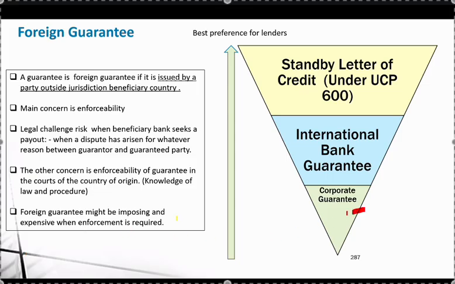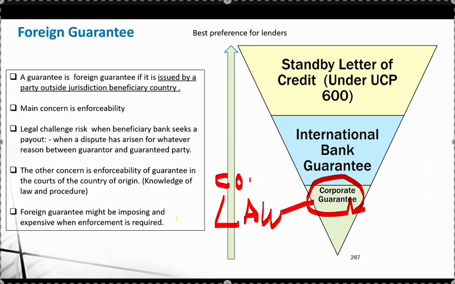If you get a corporate guarantee from his parent, it's subject to the local law. If it's bank guarantee from Chinese Construction Bank in China, it's still subject to country law.